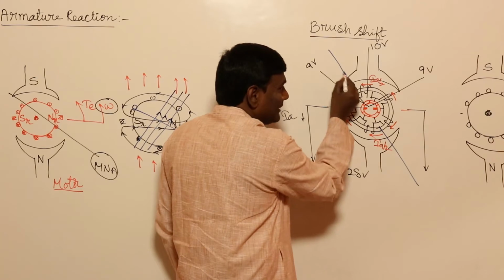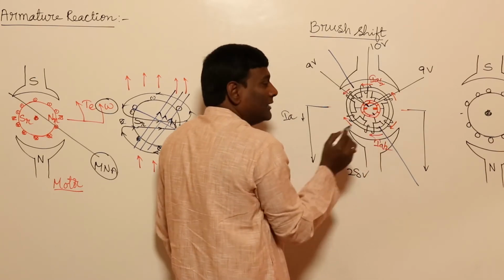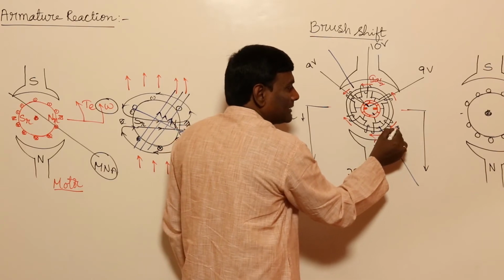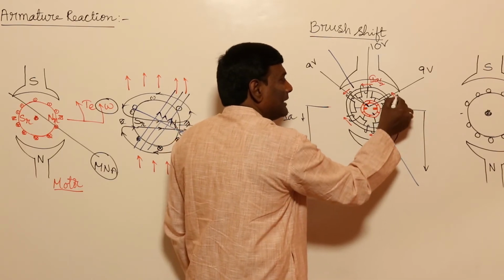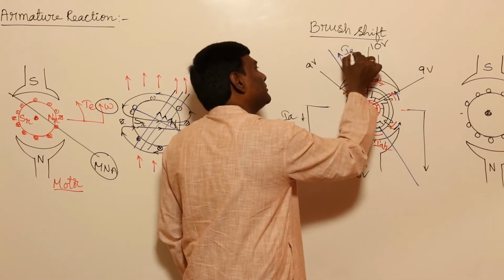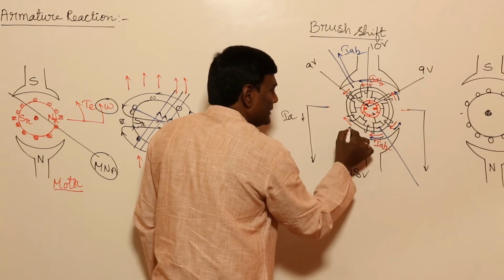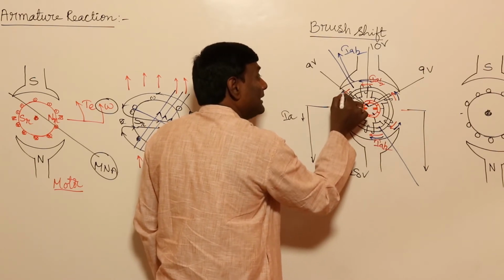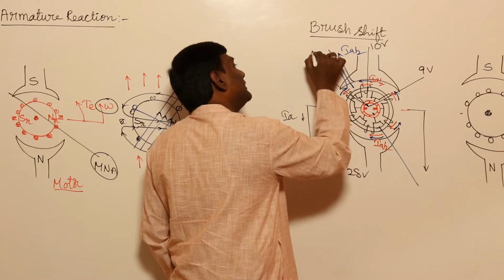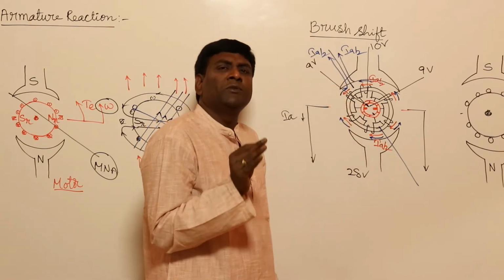Because the brushes are placed here, this current direction will be reversed. This current direction is as usual. This will be IA by 2. Now this current direction will be as usual, this current direction is reversed, and this current is IA by 2. So the conclusion is very simple.